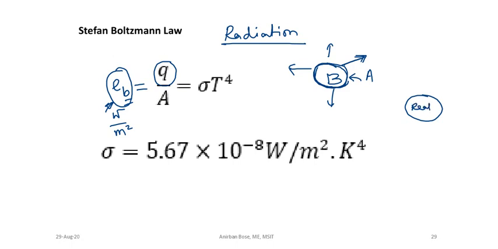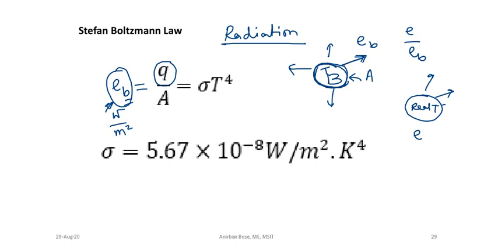The emissive flux coming out from this body is E, and from the black body it is EB. If both of them are at the same temperature T, then E divided by EB must be less than 1, because EB is the maximum amount of emission at that temperature if it is a black body.